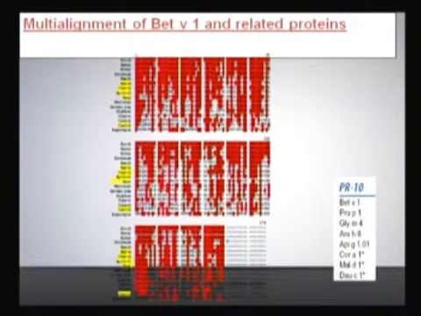So the closer the species are related, those are all Rosaceae, the more chance there is that the proteins have similar structures, and the more chance you have that you have cross-reactivity. You know as a clinician that, for example, you have a lot of cross-reactivity with stone fruits, and this cross-reactivity is due to the Rosaceae family and due to PR-10 proteins.